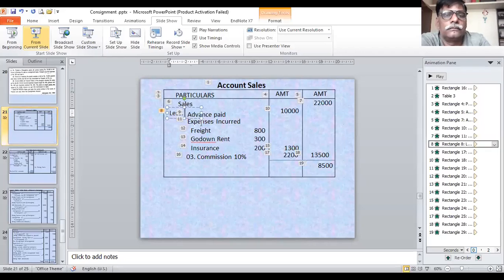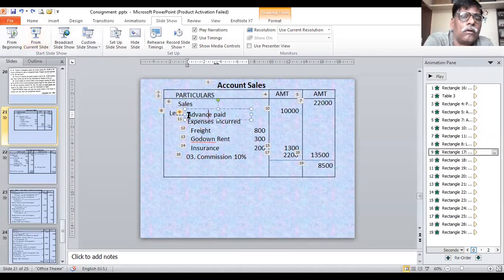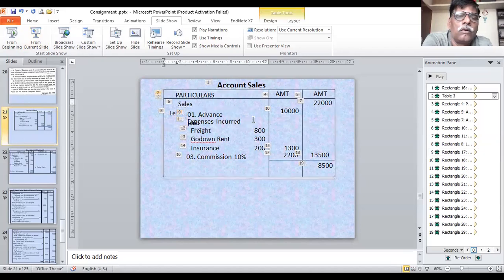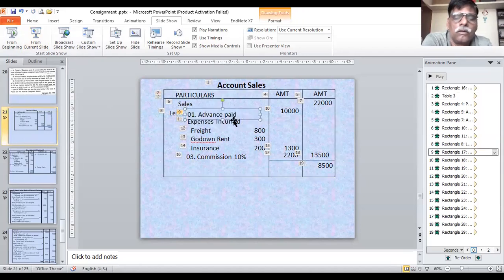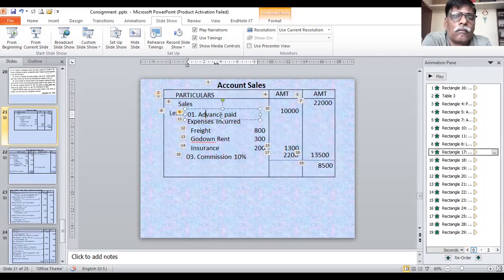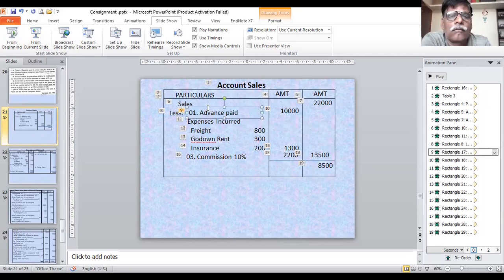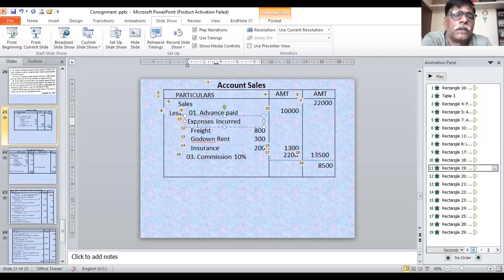Advance is the first item. Second item is expense.